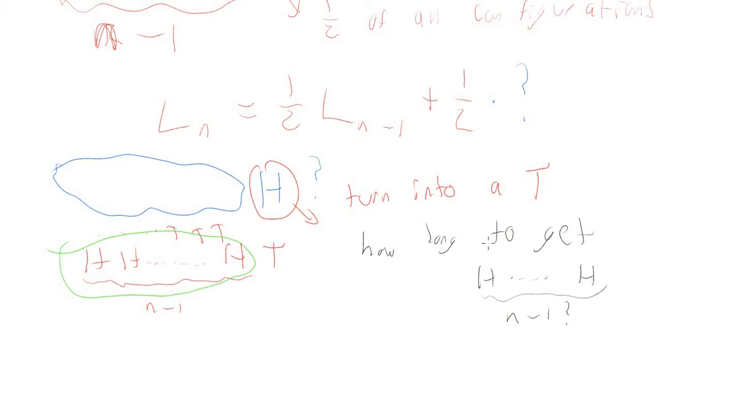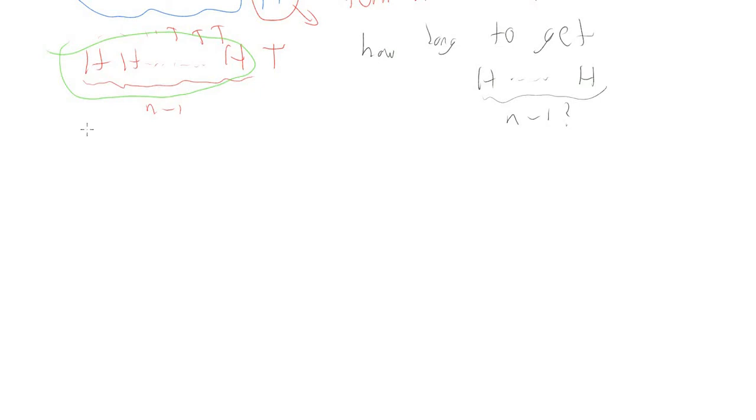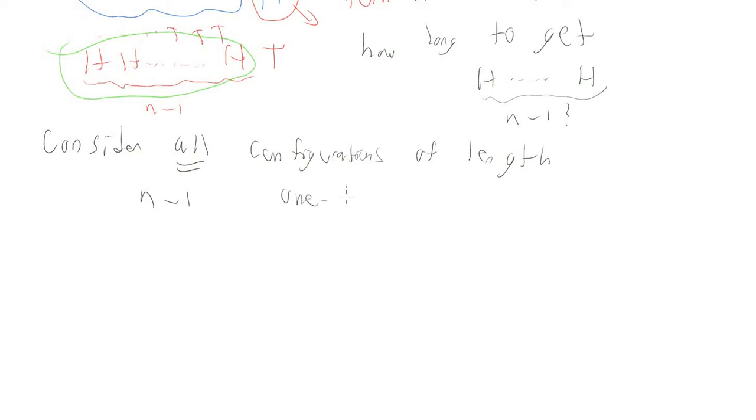So we're going to consider all configurations of length n-1. There's going to be a one-to-one correspondence, kind of like an automorphism, if you will.